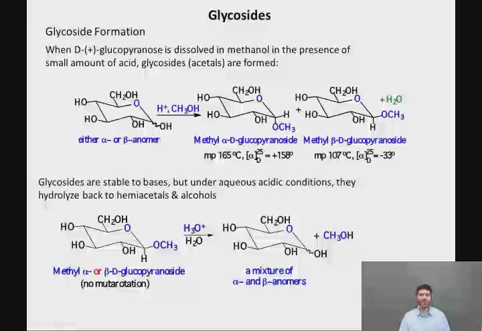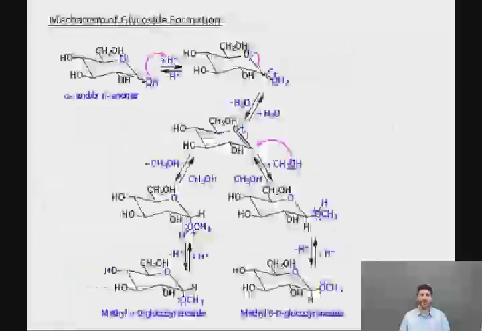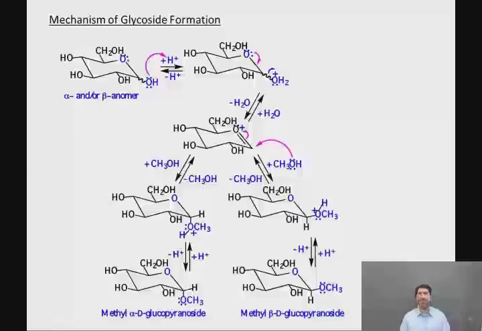The acetal form, the glycoside form, does not undergo mutarotation as the normal cyclic hemiacetal does, but if you hydrolyze it, you will get back a mixture of the alpha and beta anomers. So when we look at the mechanism of this process, we're going to have to consider why we get a mixture of epimers at this stereocenter. First we're going to look at the mechanism of glycoside formation, then on the next slide we'll look at the mechanism of glycoside hydrolysis.